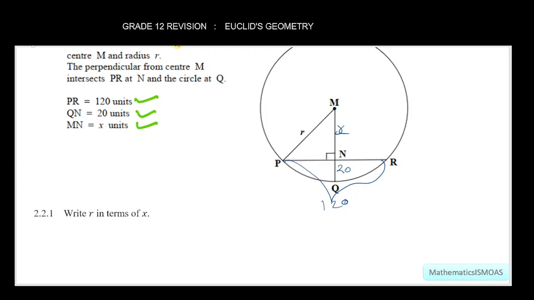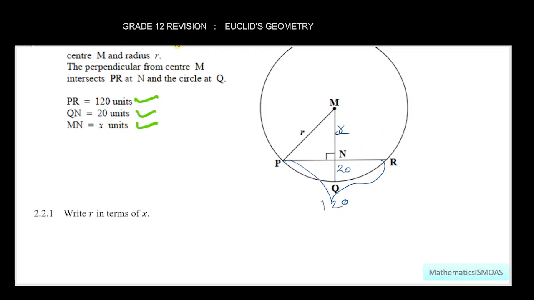2.2.1, write R in terms of X. R is the radius, the radius PM. But let us also look at MQ. MQ is also a radius. Remember, a radius is a line drawn from the center of a circle to the circumference.